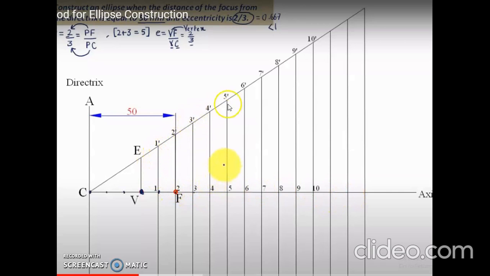So here 1 dash, 2 dash, 3 dash, 4 dash up to 12 dash. From these points 1, 2, 3, 4 and so on up to 12, 13, we have to draw the perpendicular lines. These are all perpendicular lines.